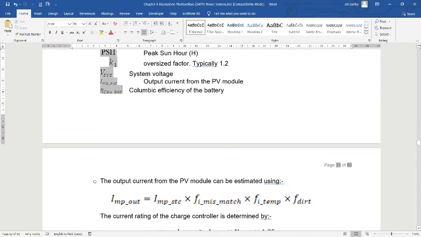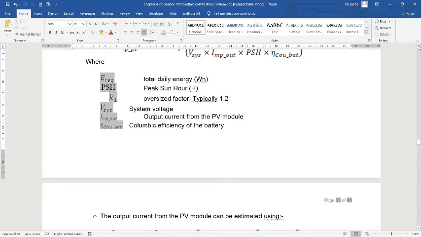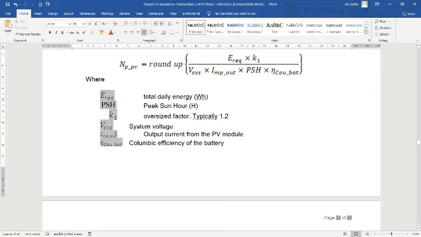Let's say, for example, the battery that you use in the system is a lithium ion battery. The Coulombic efficiency of lithium ion usually exceeds 99%, so you can put 0.99. However, this is only possible when charging at a moderate current and a cool temperature.